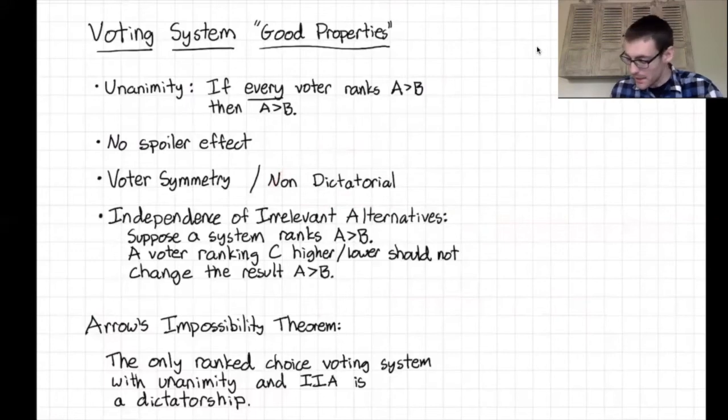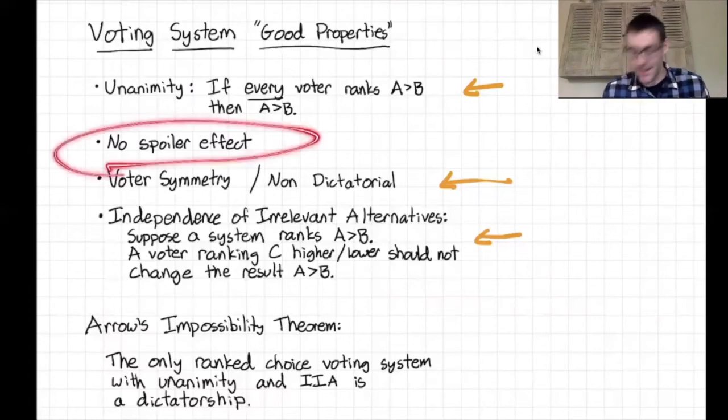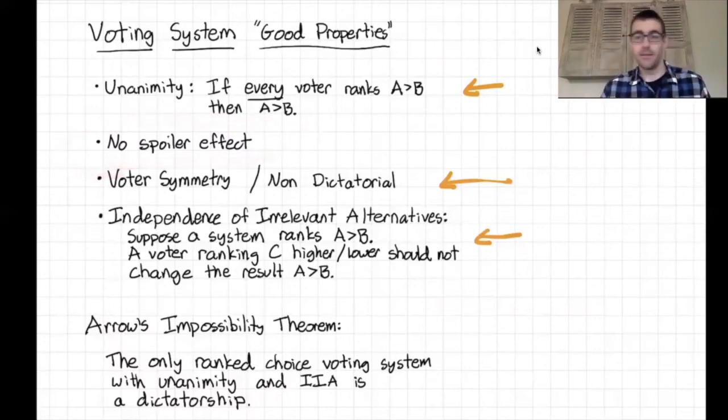So in other words, it's impossible to have these three properties at the same time. So this is basically saying there is no right answer. There are systems that do better at various properties, do better at accomplishing various goals, but we can't have something perfect. This no spoiler effect is actually especially tricky, and also a difficult one to pin down.